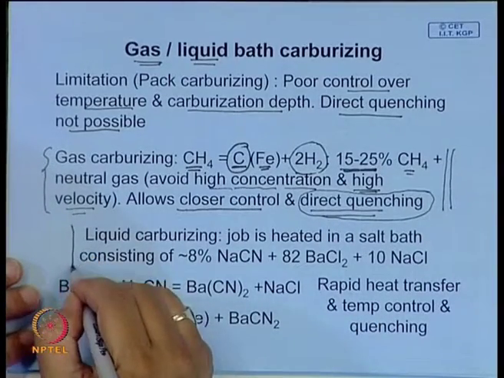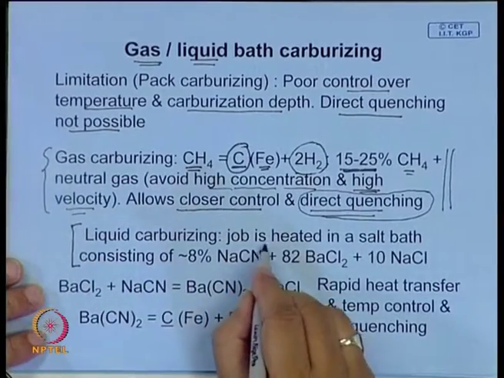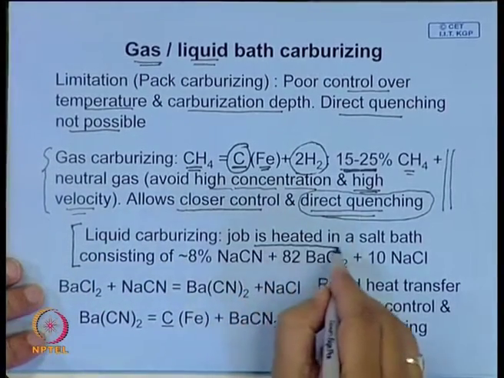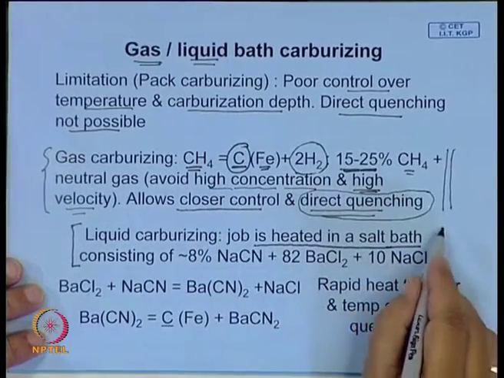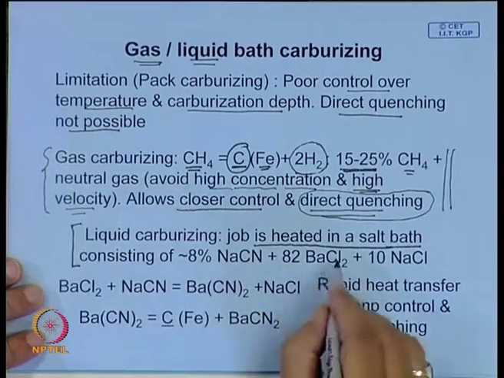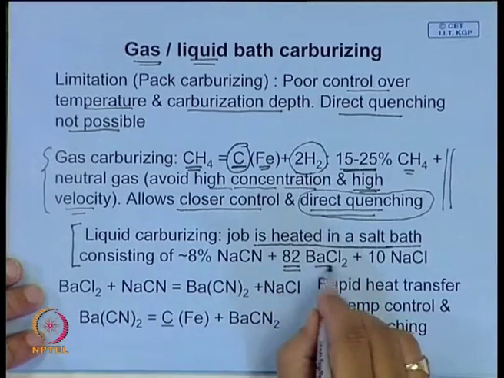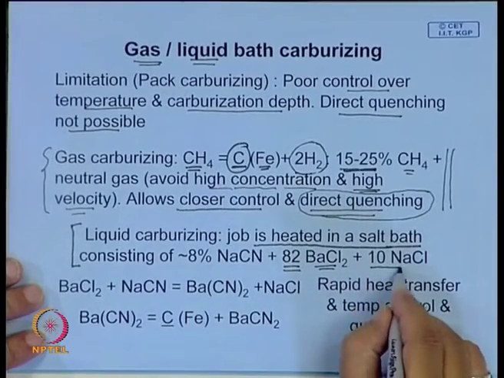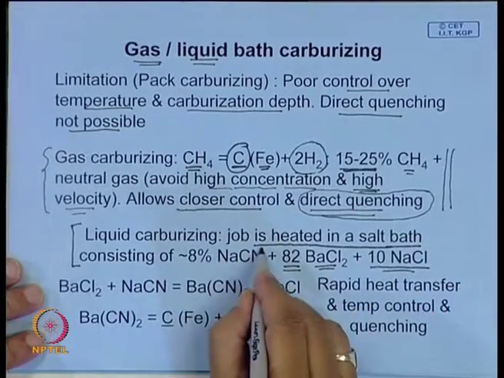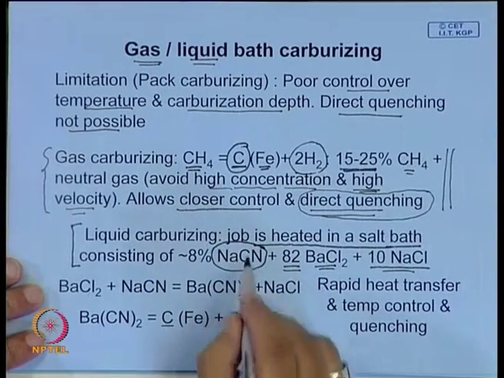Similarly, liquid carburization is another alternative process where the job is heated in a salt bath, and these salt baths are usually chloride baths. One common composition is around 82% barium chloride, 10% sodium chloride, and you add sodium cyanide. This is the source of carbon.